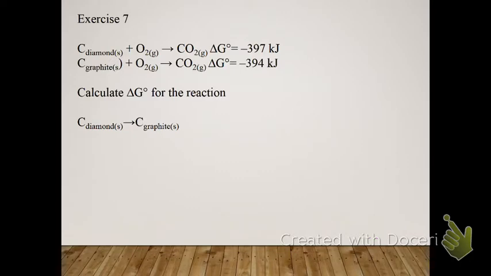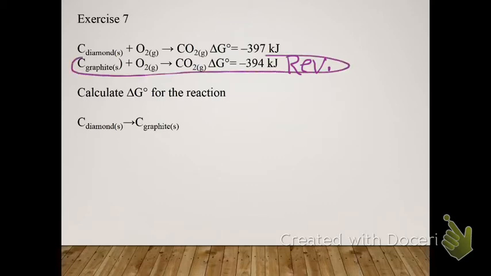Let's go on to the next problem, which is going to be our Hess's law type equation, because I've been given two pathways for diamond to go to graphite. And so I quickly see that, guess what, I'm going to have to reverse this one. I don't need to do any coefficients, so it's just going to be this one reversed.